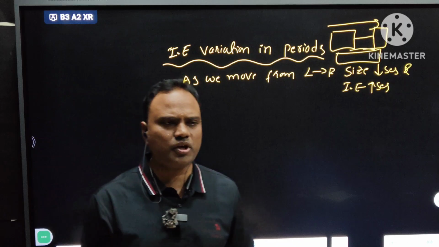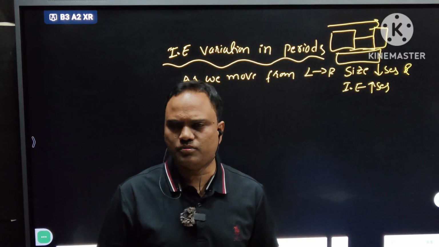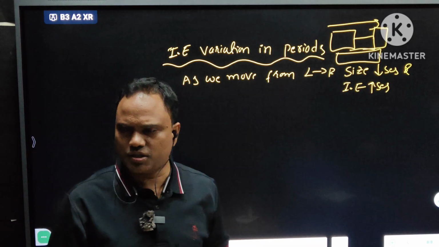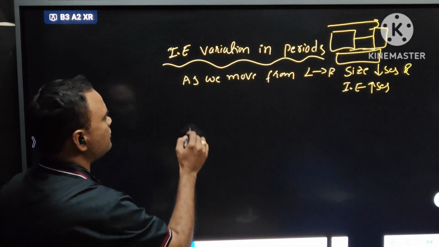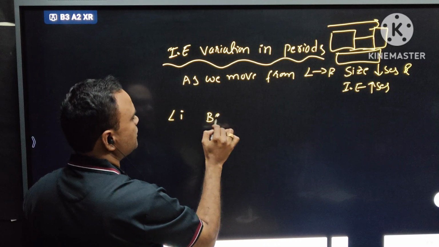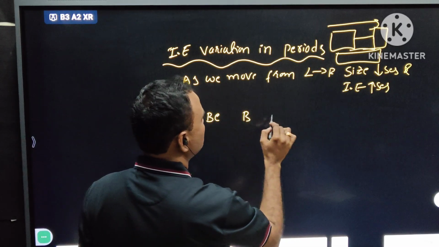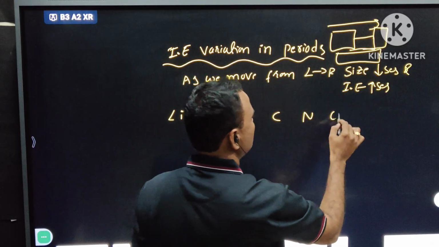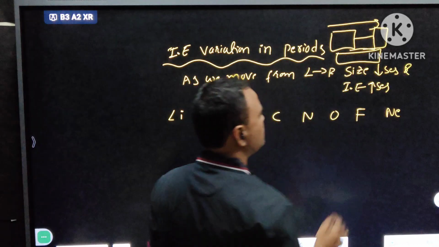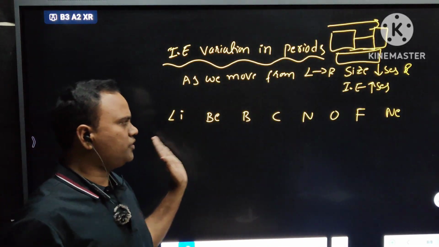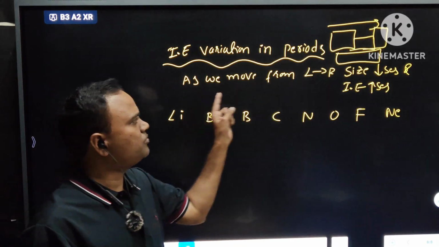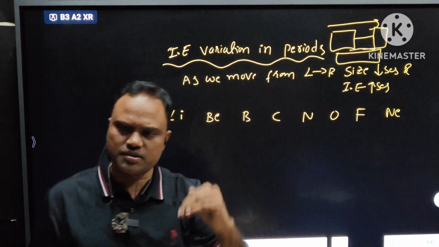If size is small, what about ionization energy? Ionization energy is more. Size decreases, ionization energy increases. Let us take one important example: lithium, beryllium, boron, carbon, nitrogen, oxygen, fluorine, and neon. See, we are moving towards right. What happens to the size? Size decreases.